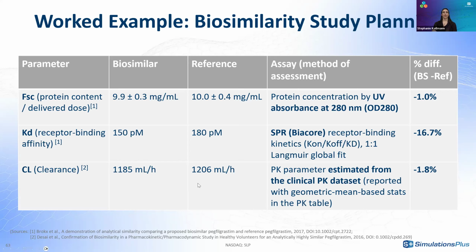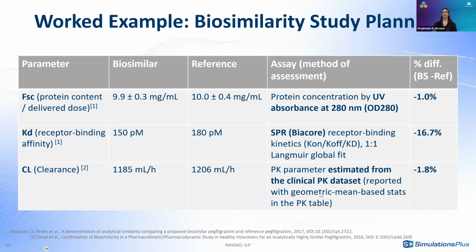For receptor binding affinity, they use surface plasmon resonance to estimate K on, K off, and KD. And the reported KD is 150 picomole per liter for the biosimilar versus 180 picomole per liter for the reference, giving a difference of minus 16.7%.